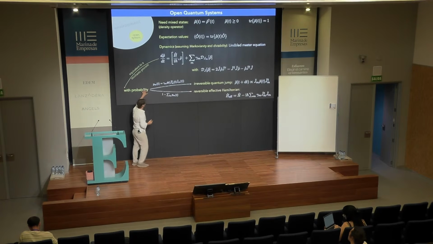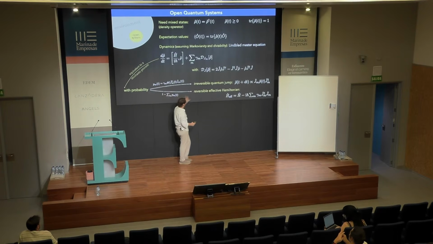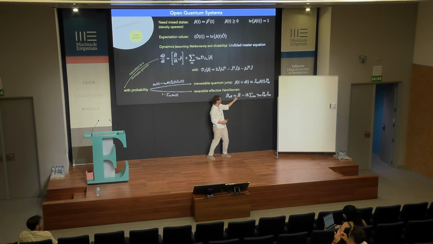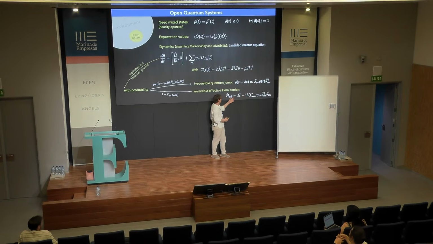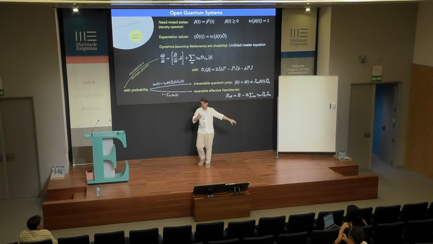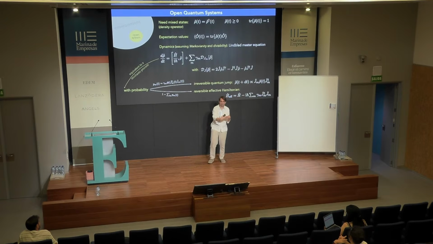And then with the leftover probability, which actually is the larger one typically, you create reversible evolution according to an effective Hamiltonian, which contains both the Hamiltonian and some imaginary part. So you just define the unitary evolution operator, which is the exponential of this times dt, and that generates the evolution to the next step.